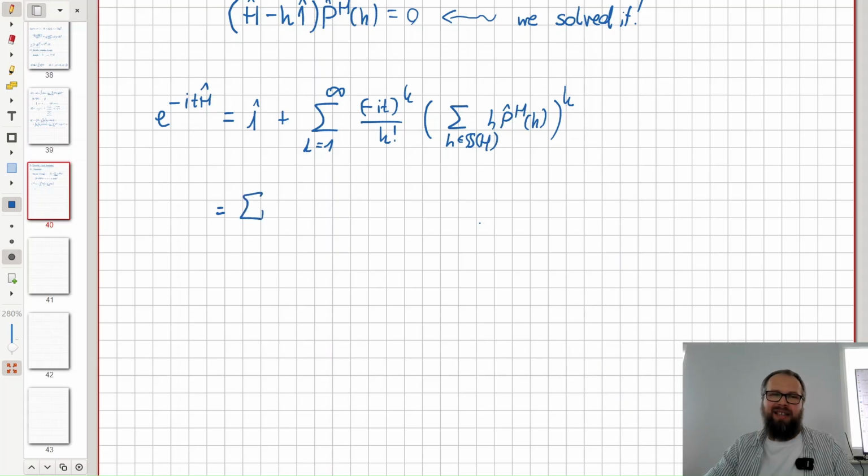You can write identity in particular, also decompose it in projectors, right? Because they are orthogonal and complete, because associated with observable.